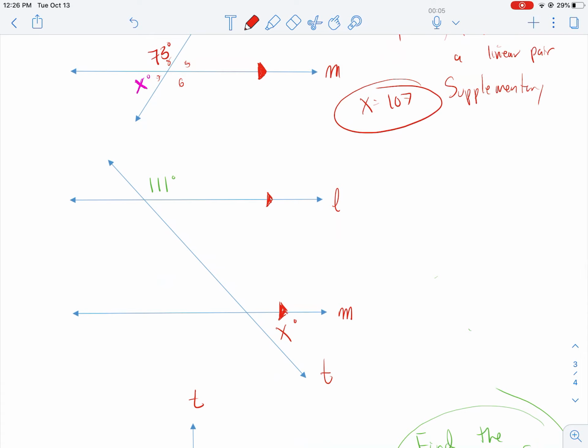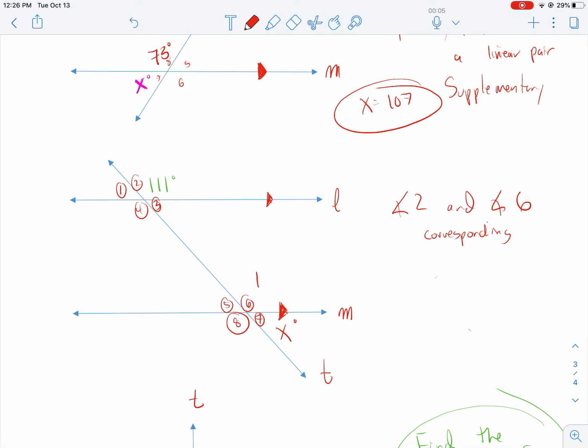Okay, so I know that this angle right here is 111, so let me put some numbers in there. 1, 2, 3, 4, 5, 6, 7, 8. Okay, based off of our theorems up there, we know that angle 2 and angle 6 are corresponding.